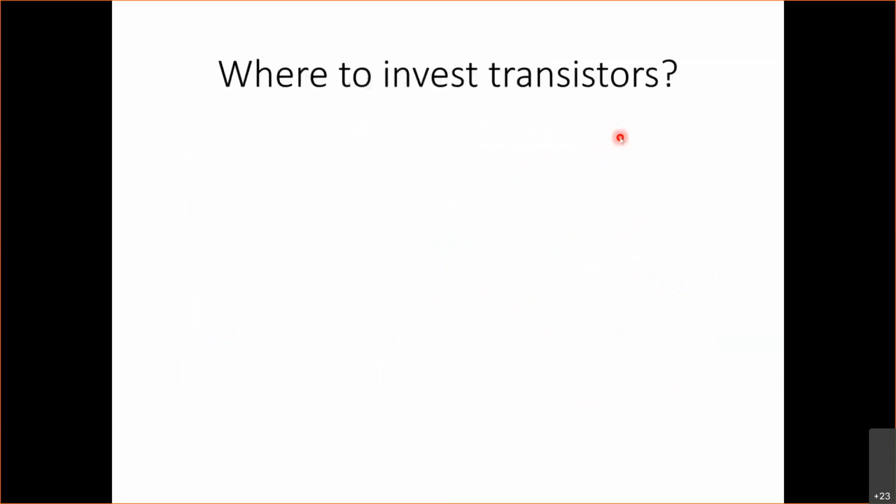So the question is, these additional transistors that we're getting, where should we invest them? There are different processors, and they take different approaches in how to invest these transistors to continue to improve performance, even though we're not getting better frequency. One way is to increase the number of cores in our processor.